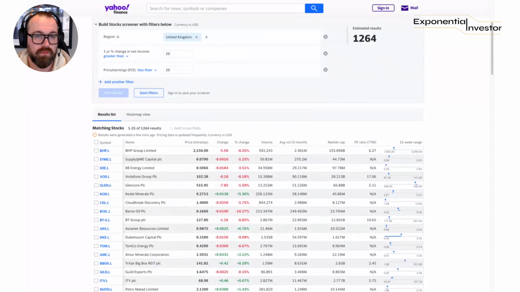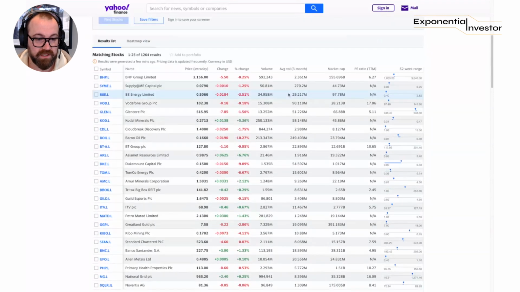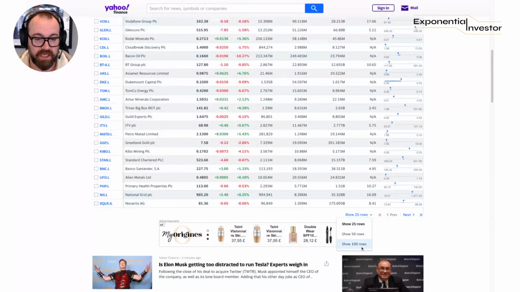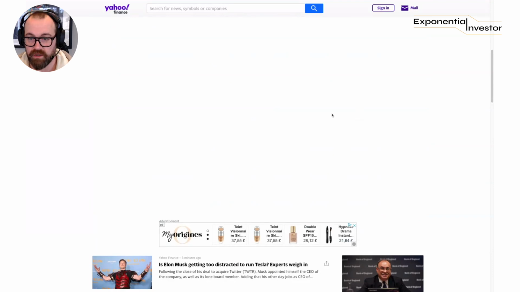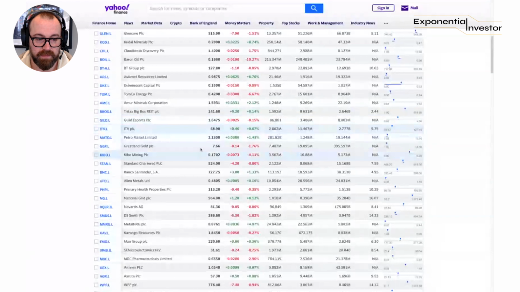There's a whole range of different combinations and permutations you can use to help you find and uncover different stocks from around the world. And it's a really useful central tool to initiate further research on any particular stock that you're looking for in the market.